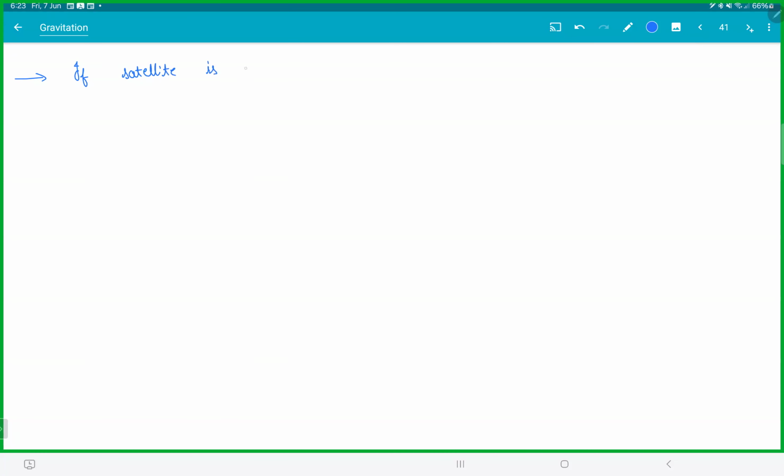If the satellite is very close to the planet, the velocity becomes root over GM by r. You can multiply and divide by r. This becomes root gR. This is called orbital velocity.